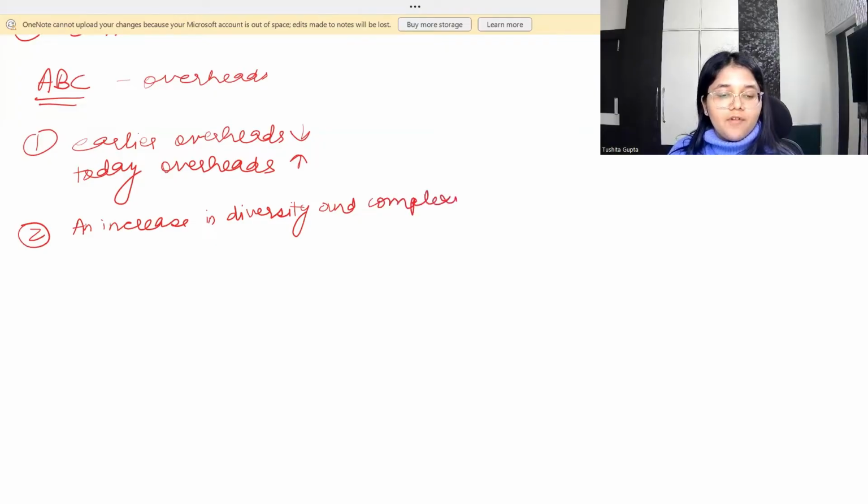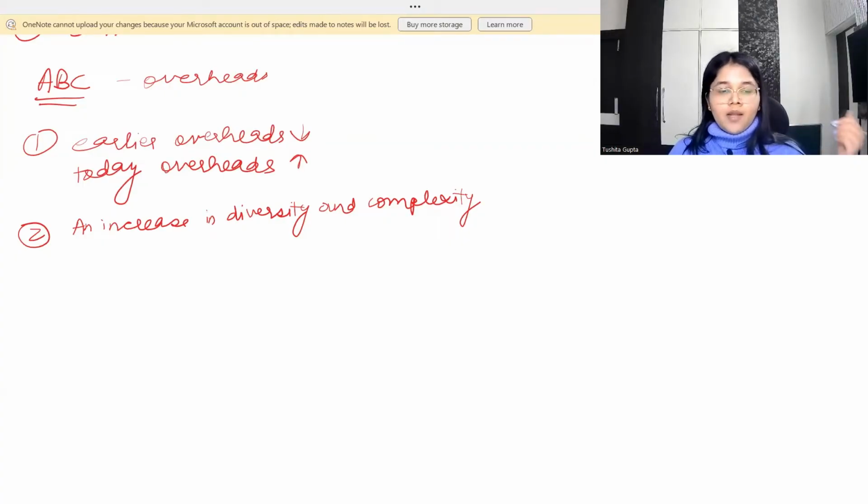When it comes to diversity, the kind of products earlier was a very simple environment, maybe if there are caps, then only one design of caps. But in today's environment, there will be millions of different designs. There will also be complexity, in the sense that earlier there used to be simple products, but now they come with all of the features that you want.